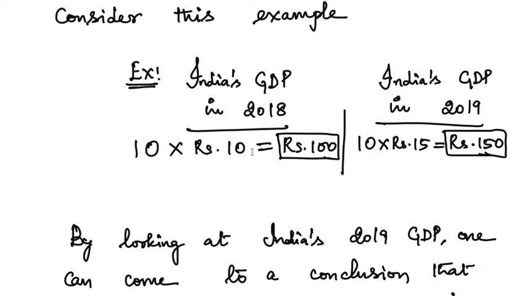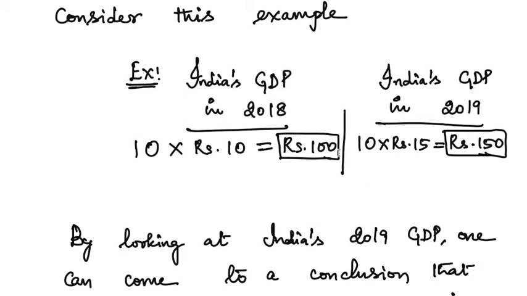So the value of the country's GDP is 100 rupees. In the next year, 2019, the country is producing the same amount of goods, which is 10, and the prices have increased from 10 rupees to 15 rupees. So the value of the country's GDP is now 150 rupees.